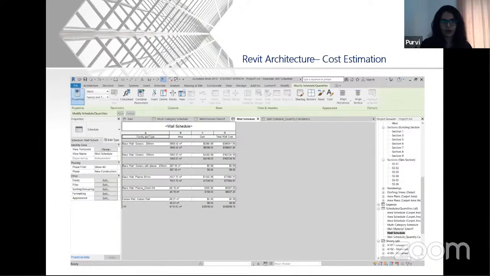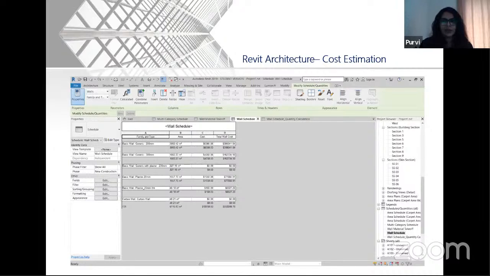This is for the cost estimation, where we manually enter the costs for the particular material, because Revit is globally known. So it will not recognize what currency you're talking about. So you need to set your currency before entering the current market rate. Once you go for the cost estimation, there are a few formulas and a few tricks here and there that need to be applied.